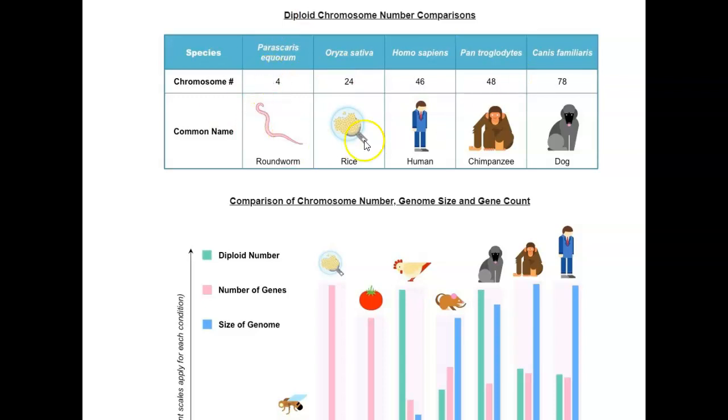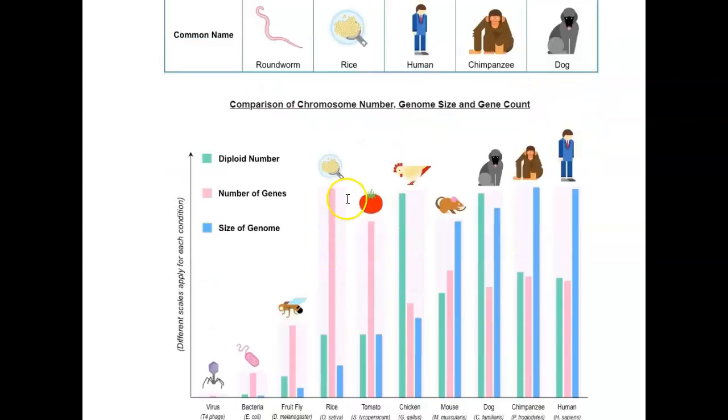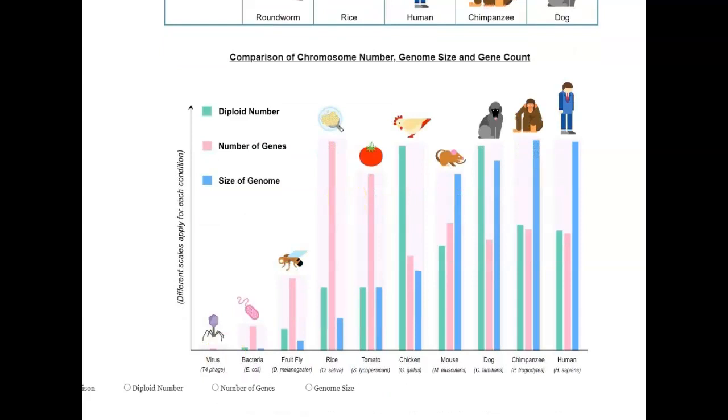So here's a visual of the fact that different creatures have different numbers of chromosomes. Those are just little bundles of DNA, right? And each one has a different amount of them. So whether humans, you can see we have 46, and chimpanzees have 48. Dogs have 78. So we all have different numbers of those little chromosome bundles.